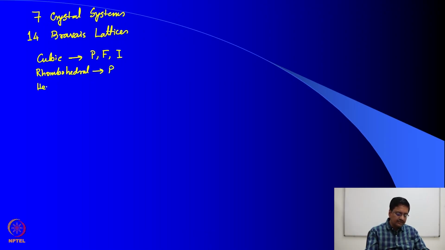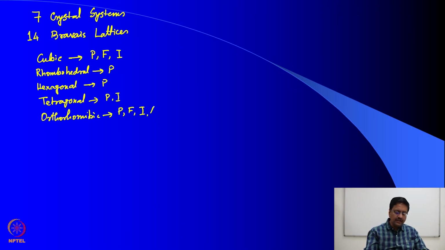In case of hexagonal, one can only have a primitive lattice. Tetragonal, one can have primitive and body-centered lattice. Orthorhombic system can have everything: primitive, face-centered, body-centered, and one of the faces centered.